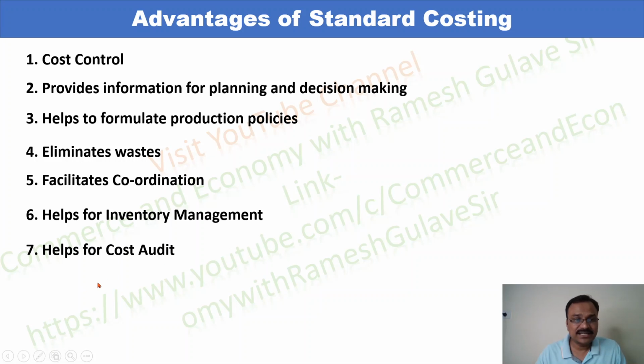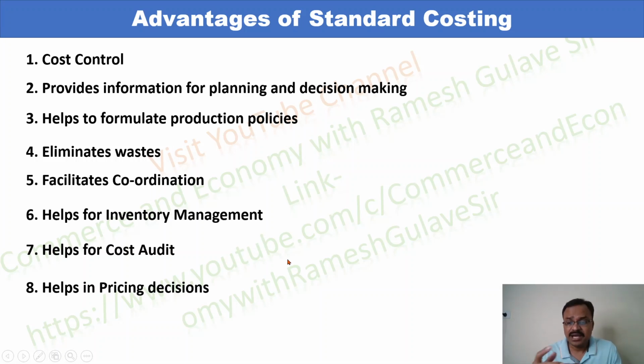Next point says it helps for cost audit. Yes, standard costing helps for cost audit purposes also, because as we compare standard cost with actual cost, the record of this can be used for cost audit. The next point says it helps in pricing decisions. Standard costing helps in deciding what should be the price of products.